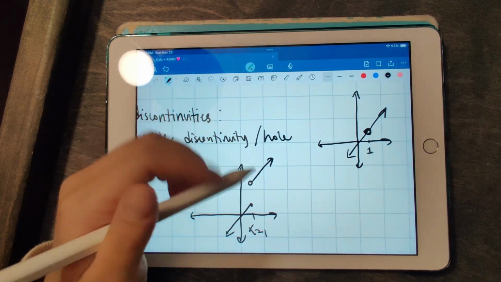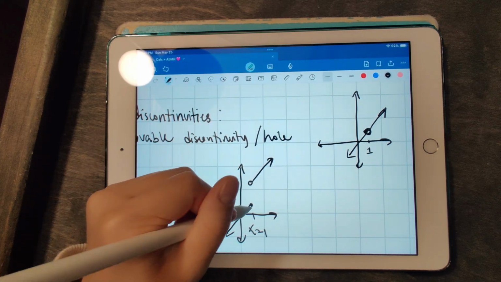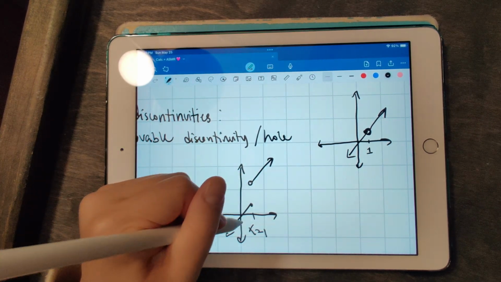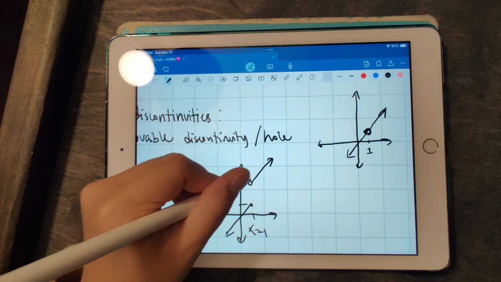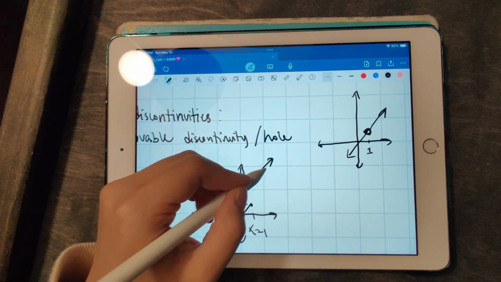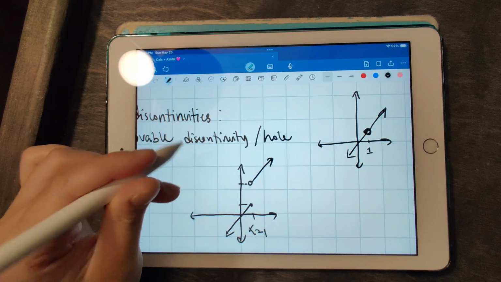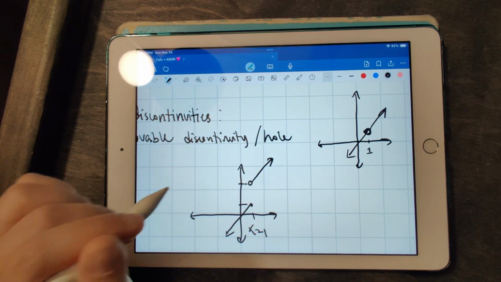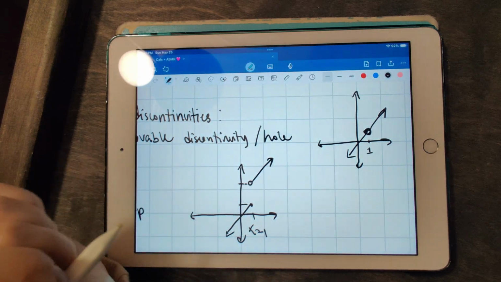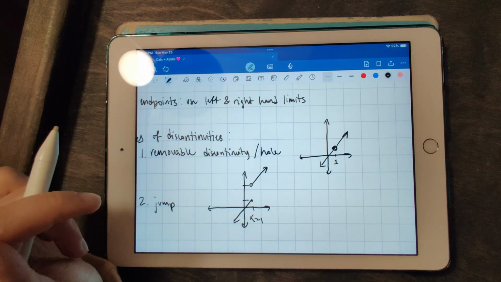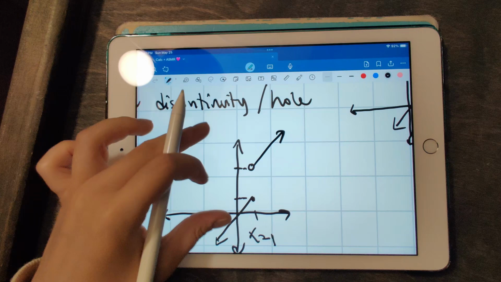Notice how the function is defined at x equals 1. However, the left and right hand limits as x approaches 1 are not equal. Here it's at this value, whereas if you approach x equals 1 from the right side, it's at a different value. And so the limit does not exist, and therefore the limit cannot equal the value of the function at x equals 1. This is what we would call a jump discontinuity. Again, pretty intuitive, literally like a jump.